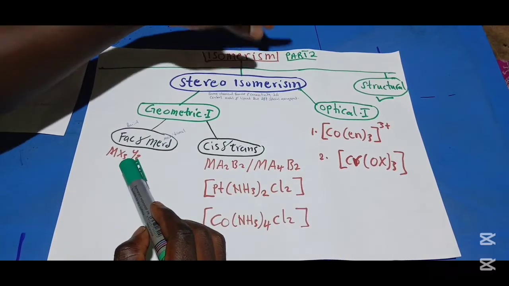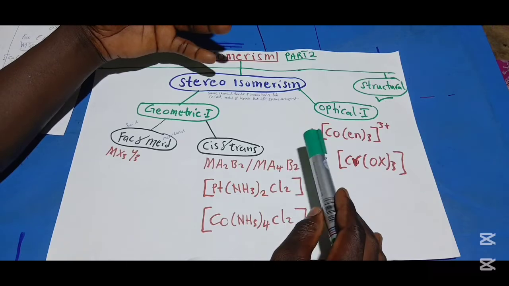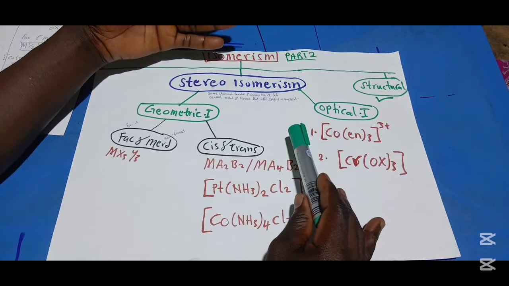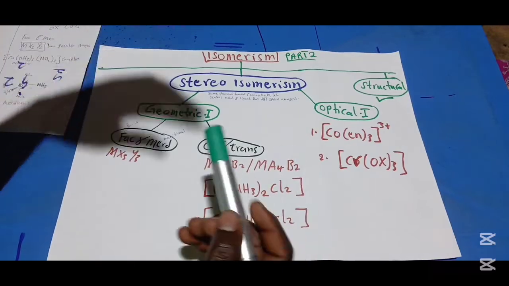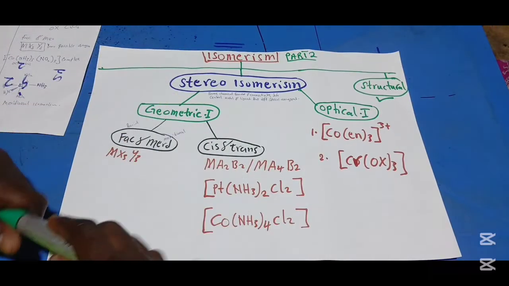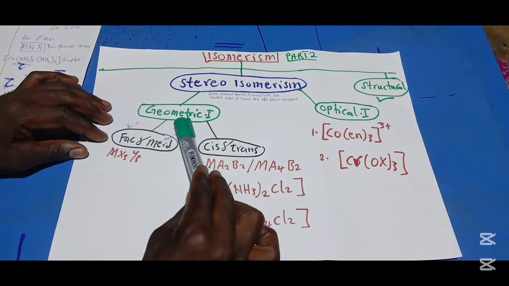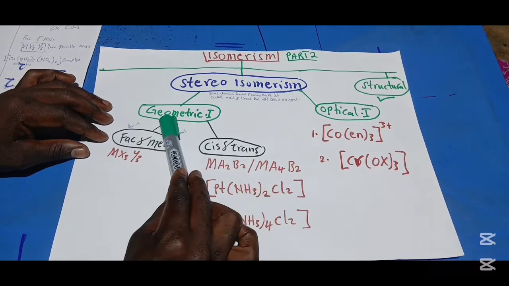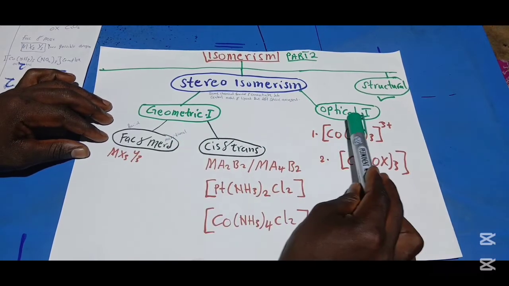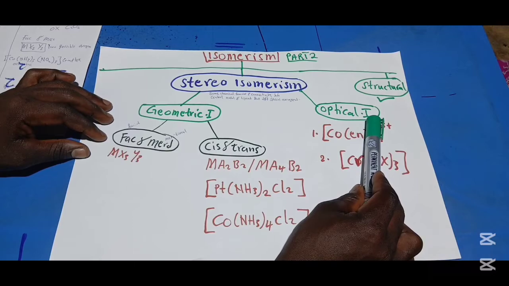But for stereoisomerism, the complex has the same number and types of atoms, the same connectivity, but different arrangement in space. Now we are going to look at stereoisomerism, and we have two types: geometric isomerism and optical isomerism.